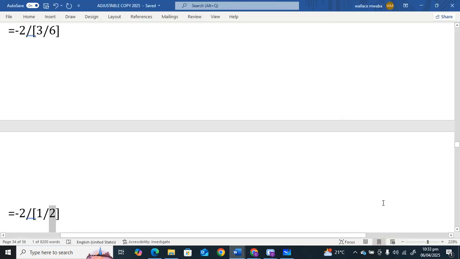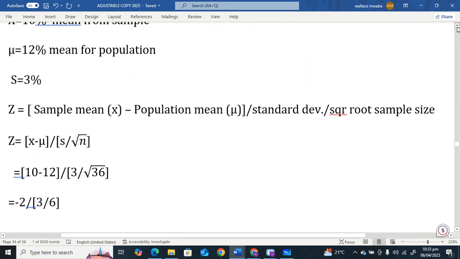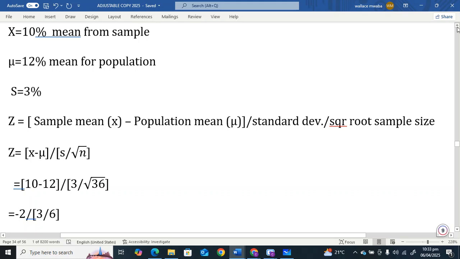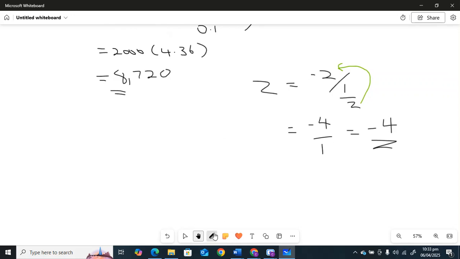Let me go back to the previous page here. Okay. Negative 2 divided by half.